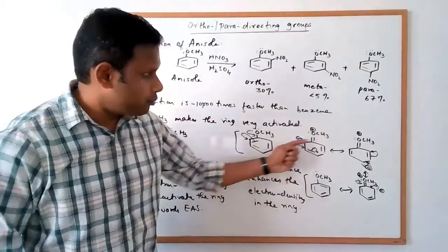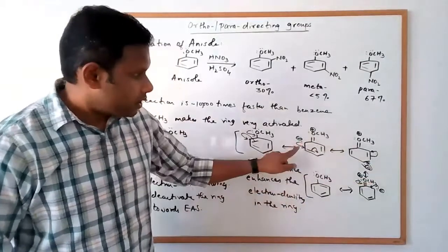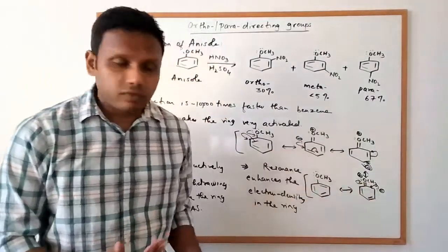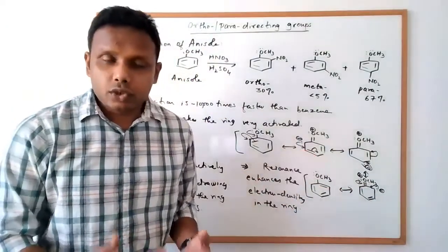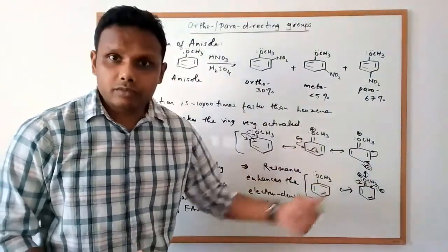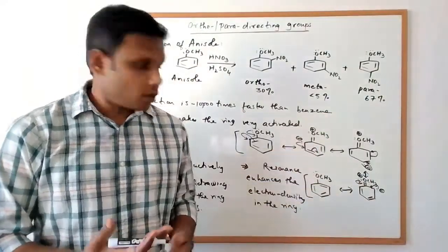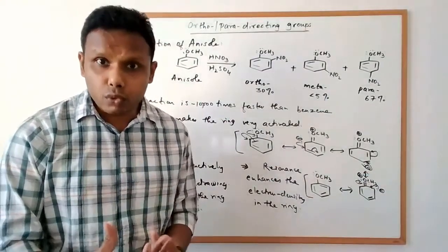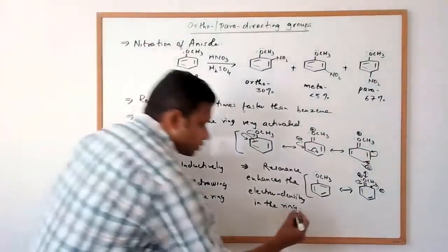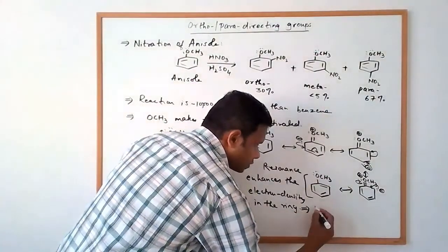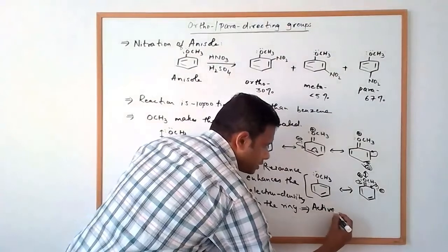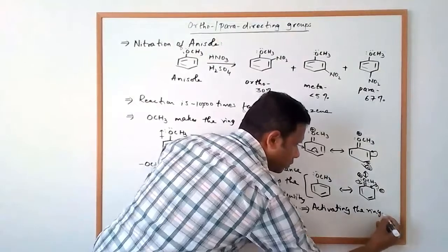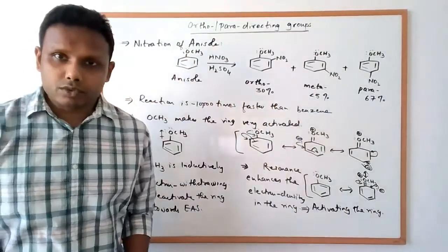Because among the various resonance forms, there are at least 3 resonance forms where there is a negative charge on one of the carbon atoms of the ring. So that is denoting an enhancement of the electron density. That carbon is more electron rich now. And so since it enhances the electron density, that means resonance is activating the ring towards electrophilic aromatic substitution.